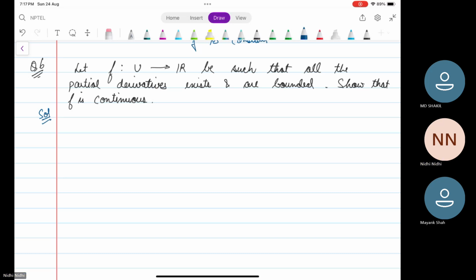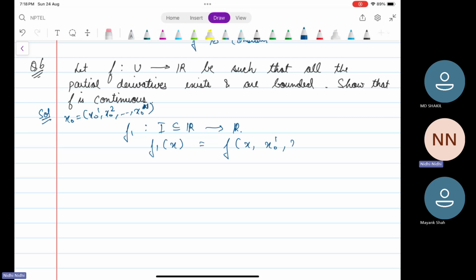So I consider f1 to be a function defined on some subset of R to R such that f1 of x is nothing but f of x with the rest of the terms constant. Suppose x naught 1, x naught 2, so on up to x naught n is a fixed element in Rn, and then I define f1 to be a function where the first component is a variable and the rest of the terms are constant.